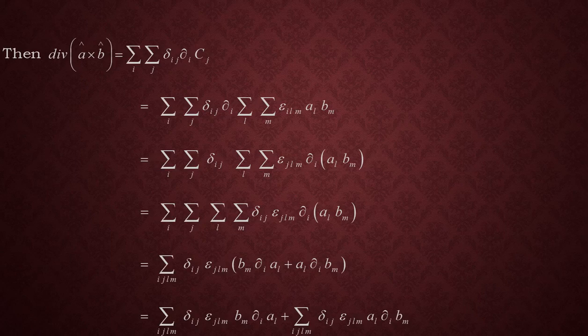If we send dou I inside, we obtain div of A cap cross B cap equals summation sigma over I summation sigma over j delta suffix ij sigma over L sigma over M epsilon suffix JLM dou I of ALBM. In this representation, we have to observe the term dou I of ALBM.